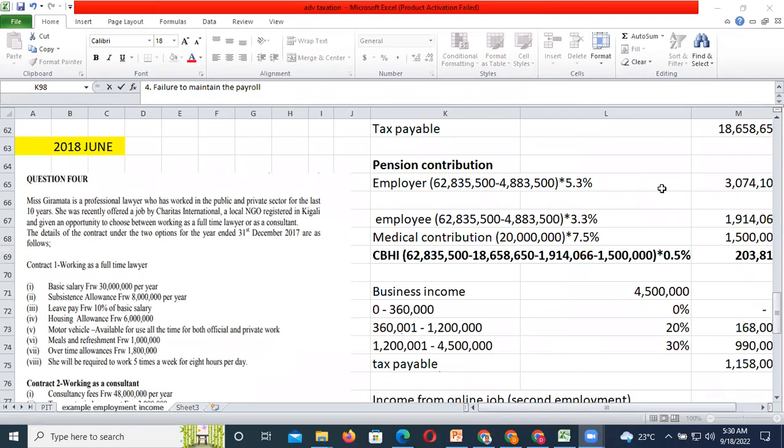Any other question? Yes, Cedric. Here on the accommodation, you have said that when the company provides accommodation to its employee, you don't calculate the 20% benefit. Get me correct.